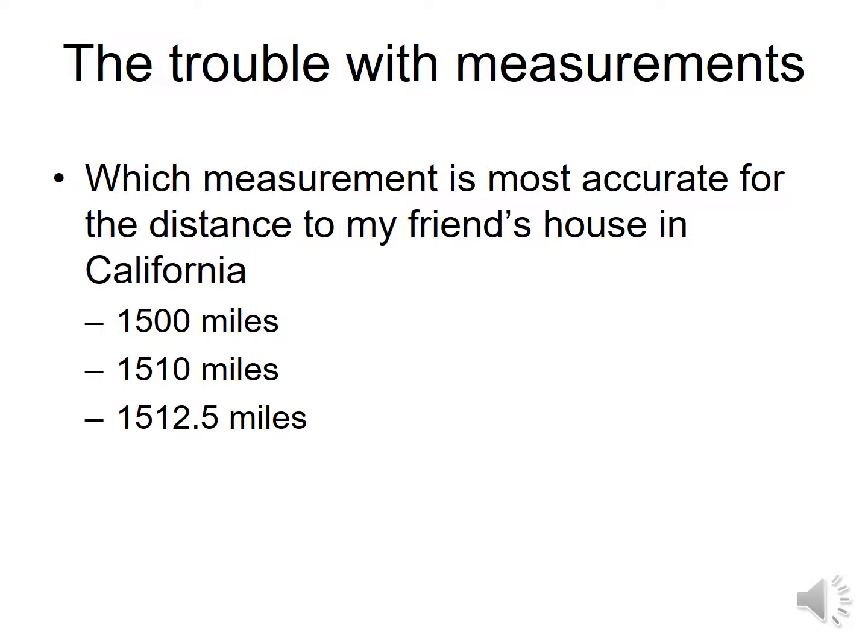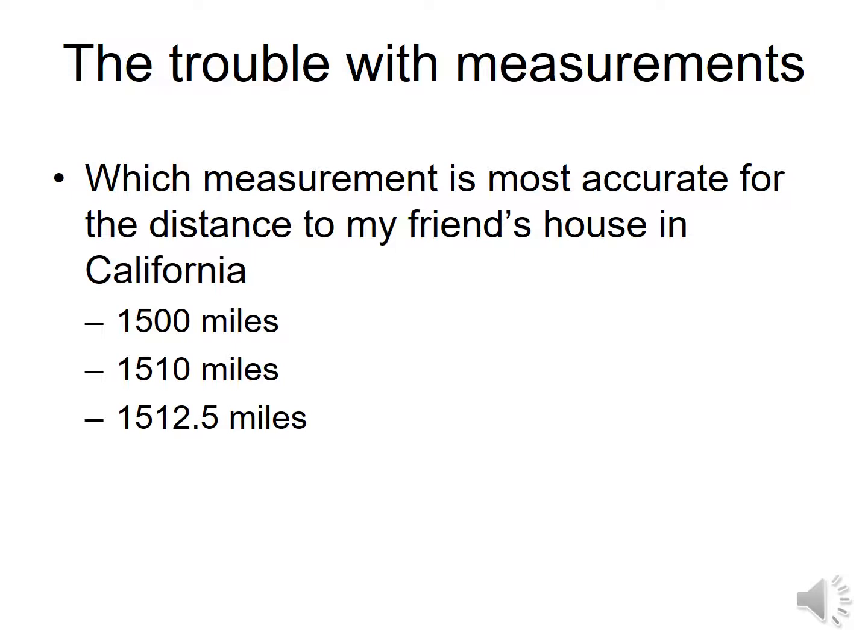Well, obviously 1,510 miles is a little more accurate than 1,500 miles. Maybe what I do then is when I drive the distance from here to my friend's house, I take note on the odometer on the dash of my car, and I calculate from the odometer that it's 1,512.5 miles. So that is even more exact.